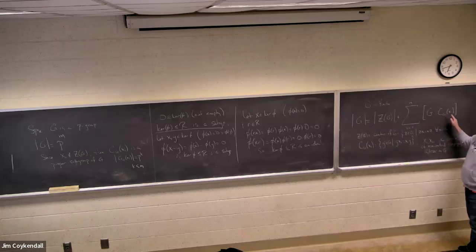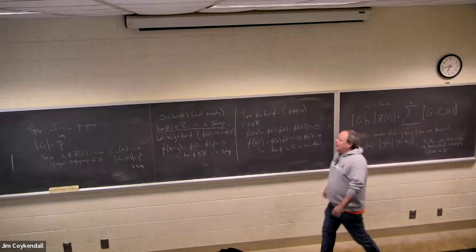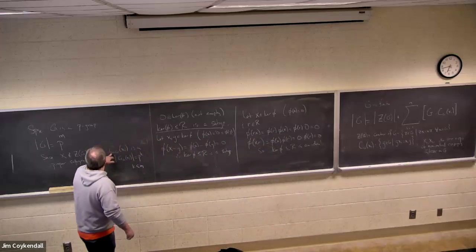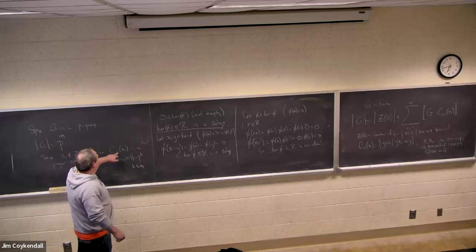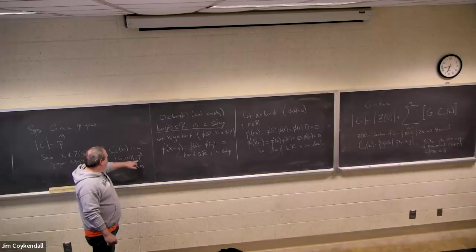Since it's not central, there has to be at least something in there that doesn't commute. So that's why it has to be proper. And I'll make the further observation that this is a subgroup of G, so this is also a p-group. So it has to have order p to the k power. And since it's proper, that k must be strictly less than n.